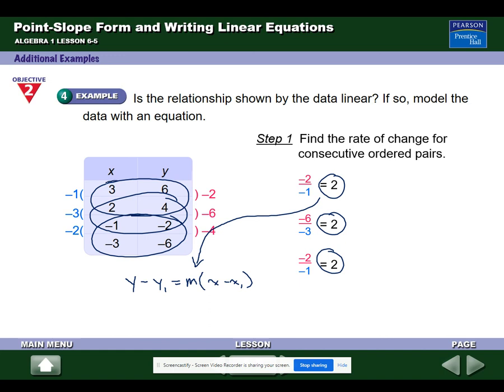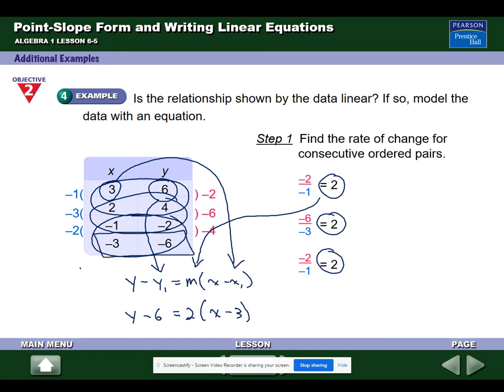I'll just pick the first one. 3, I'll put it right here for x1. 6, I'll put it right here for y1, which means you have y minus 6 equals 2 times x minus 3. But really, you could have used any of the other ordered pairs here just the same. Use the last one, you're going to have y plus 6 equals 2 times x plus 3. Minus negative means plus. Okay?